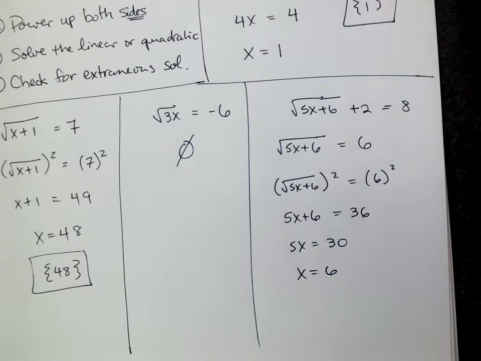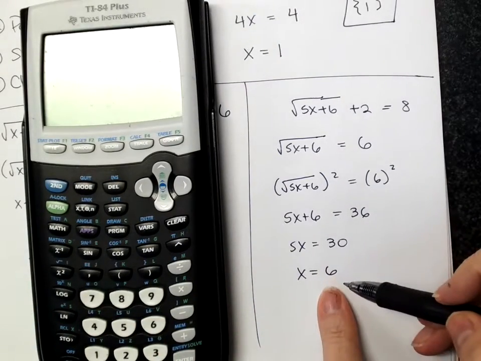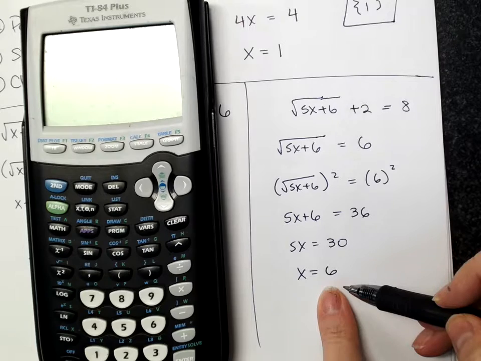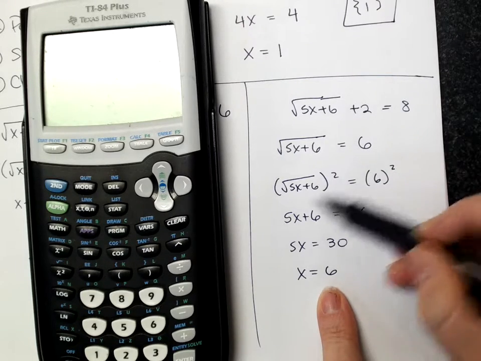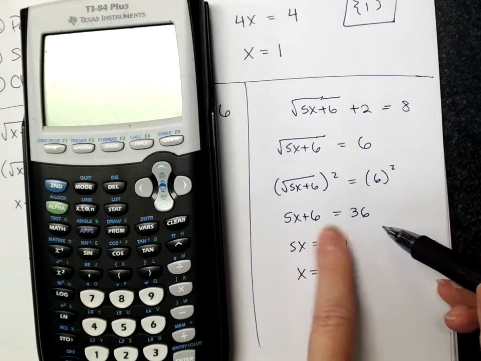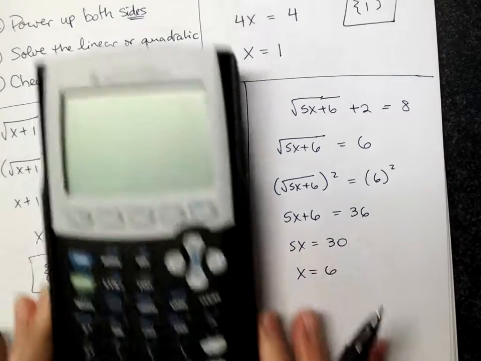Okay. So let me remind you now about how to use the calculator check, and that will send us off on this. Okay. So any questions about solving this, about getting to x to equal 6? Isolate first, power up both sides, power to match the index, releases the radicand, see if you have linear or quadratic, solve accordingly. Now we want to see if x is a good solution or an extraneous.